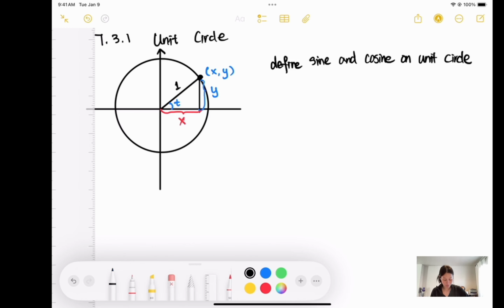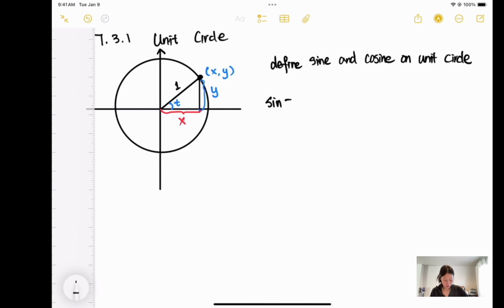So we have sine T equals the opposite side over the hypotenuse. And since this is in a unit circle, the hypotenuse, which is also the radius of the unit circle, is equal to 1. And the opposite side is equal to y.